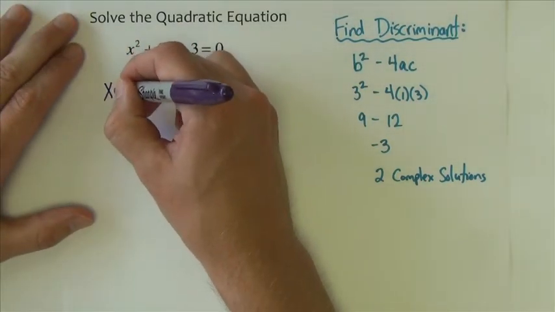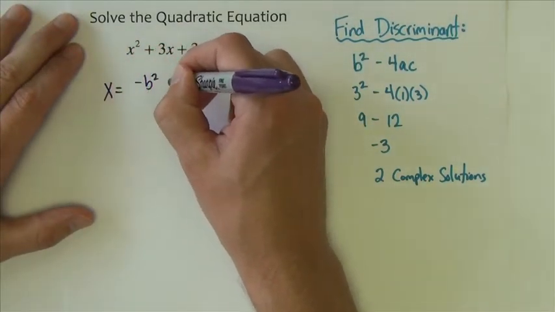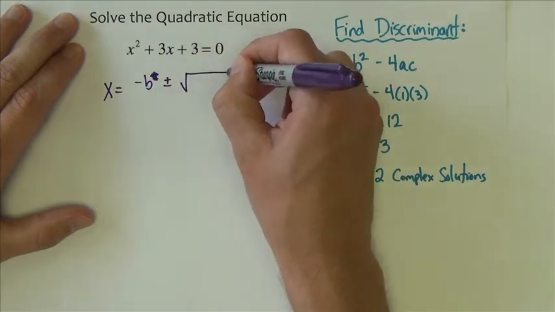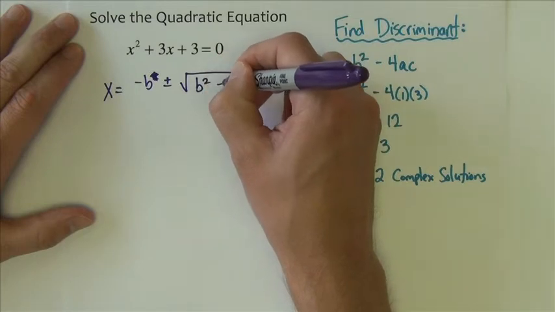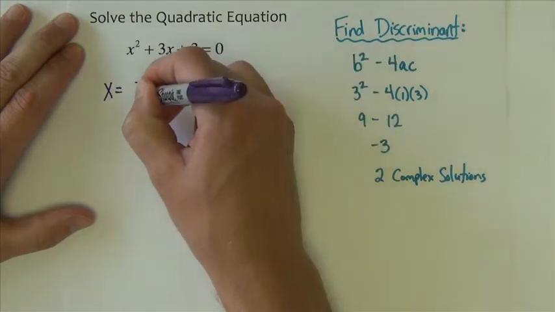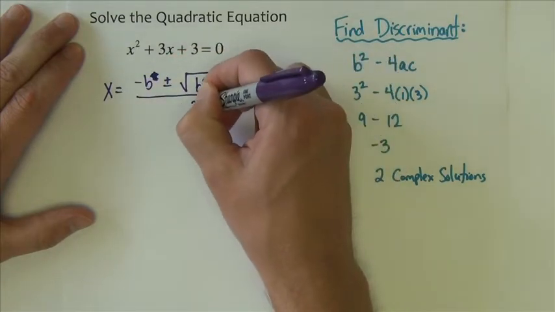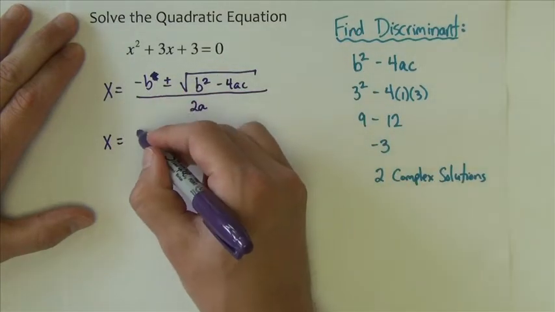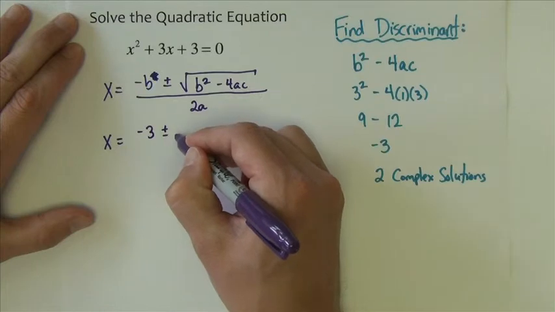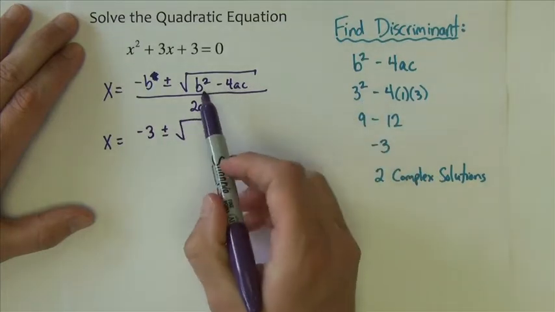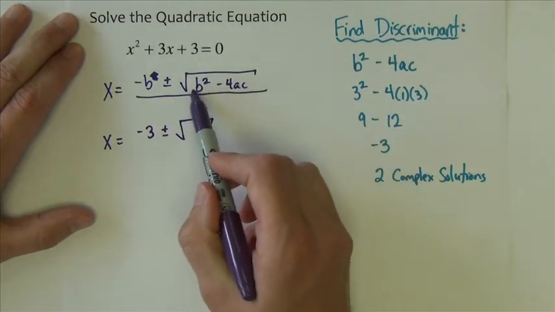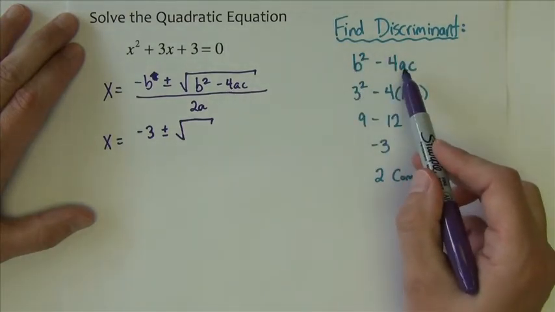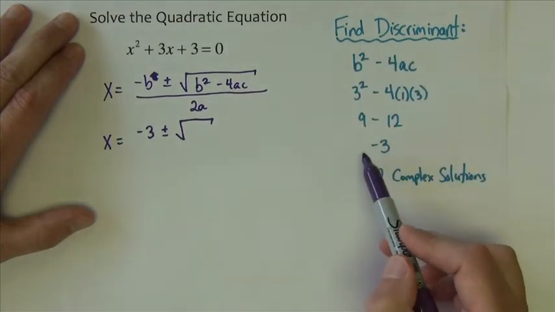Quadratic formula, rewrite it: negative b plus or minus the square root of b squared minus 4ac, all divided by 2a. So we have negative 3 plus or minus the square root of, now here the b squared minus 4ac is the same b squared minus 4ac that I have over here, and I've already worked out its value to be negative 3.